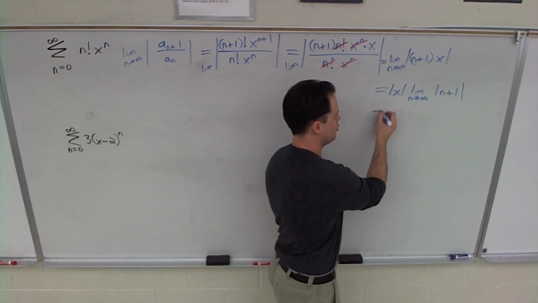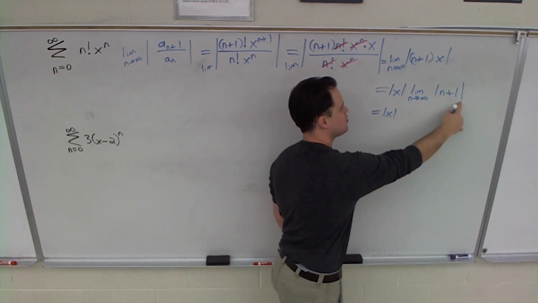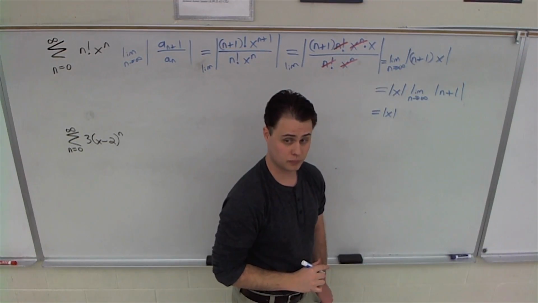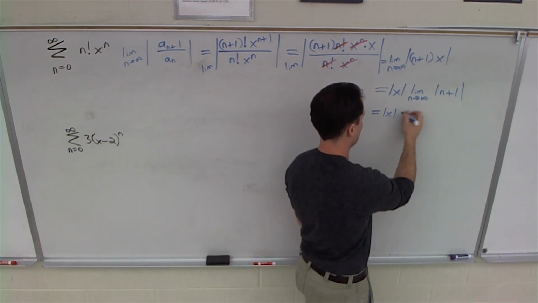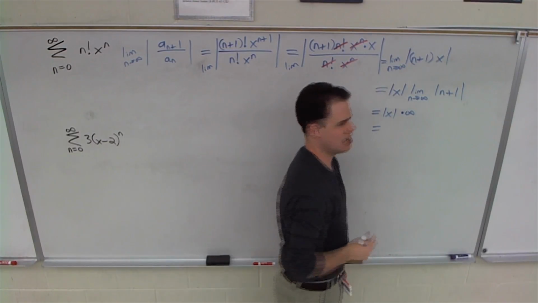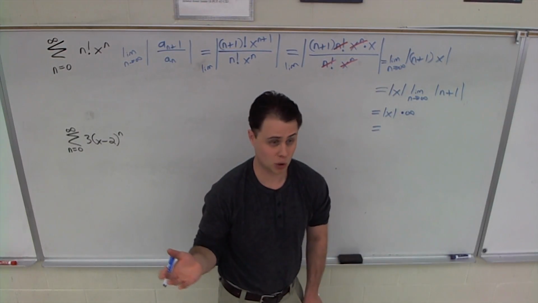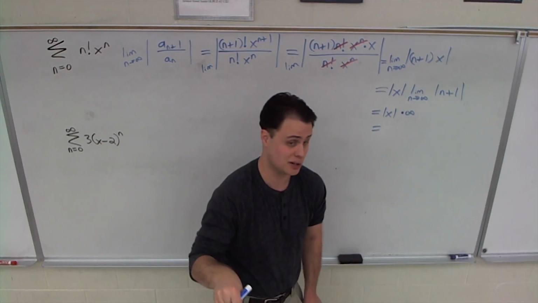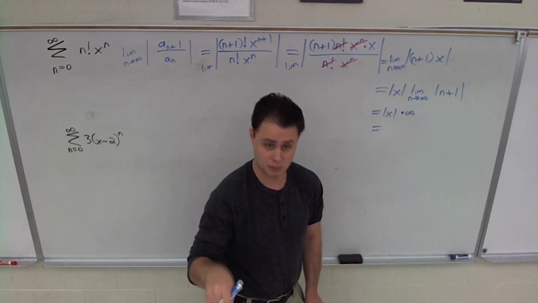Why is that helpful? Because now this you can evaluate. What's the answer? Infinity. What's infinity times any value of x, even if x were something crazy, like infinity itself? Infinity times infinity is not an indeterminate form, it's infinity.